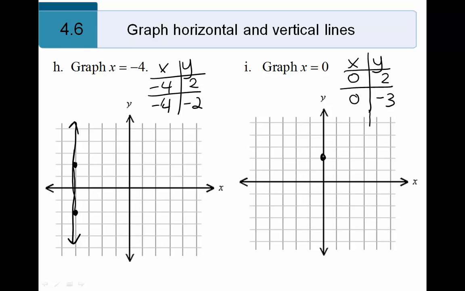The next one, (0, -3), go left or right 0, down 3. So to connect those points, just understand that's going to be a vertical line. The graph of x equals 0 is a vertical line that's directly on the y-axis.